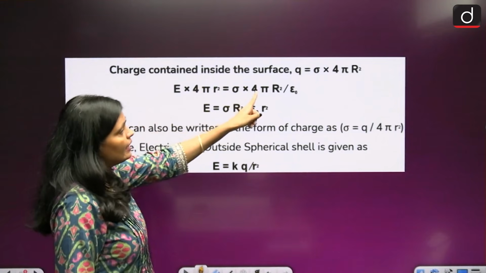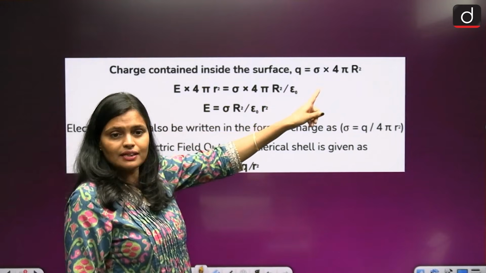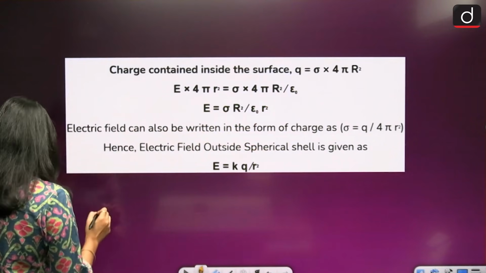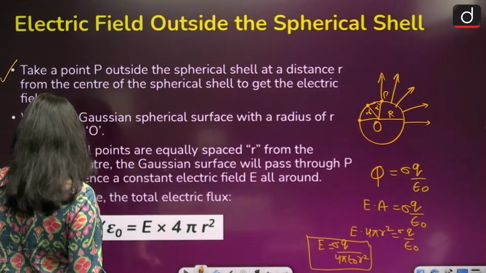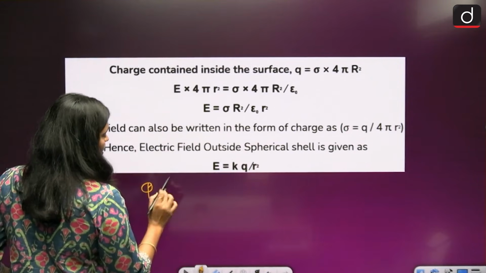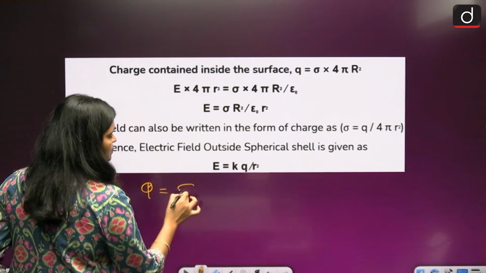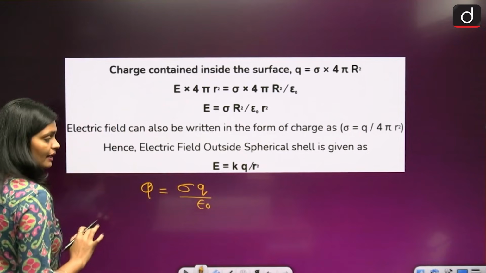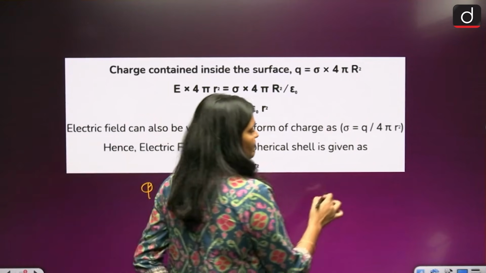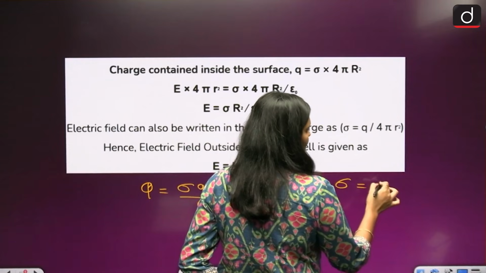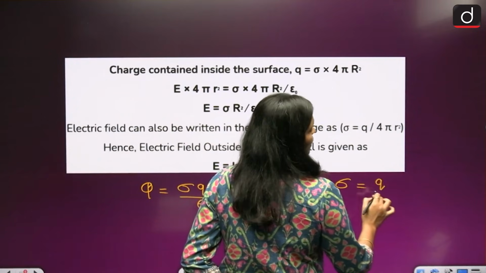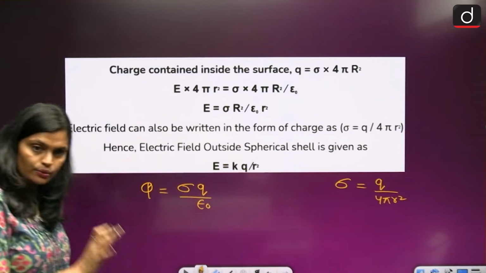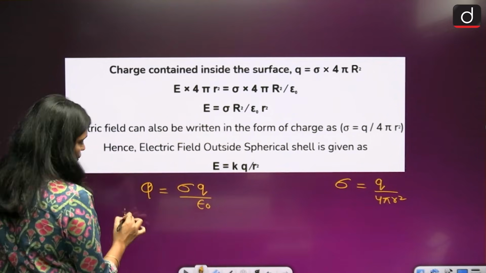Sigma is charge into A, that charge Q. Here, according to Gauss's law, phi is equal to Q by epsilon naught. Now we know that the surface charge density we can calculate: we have calculated Q by A, 4 pi r square. We have already calculated this value.